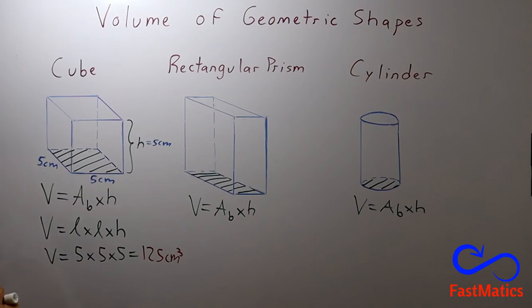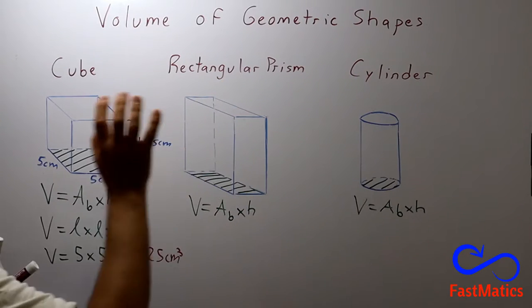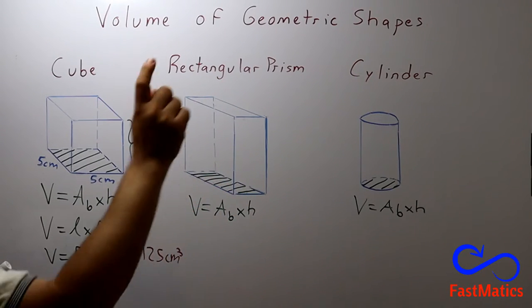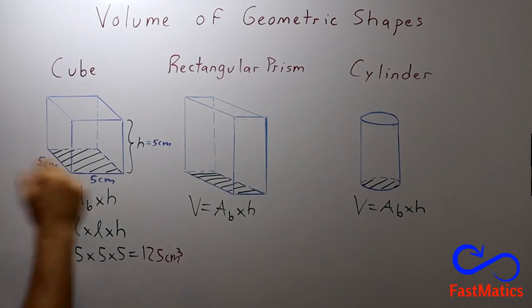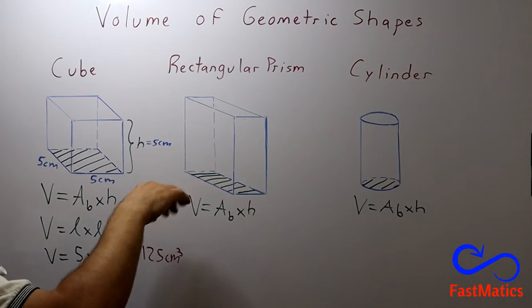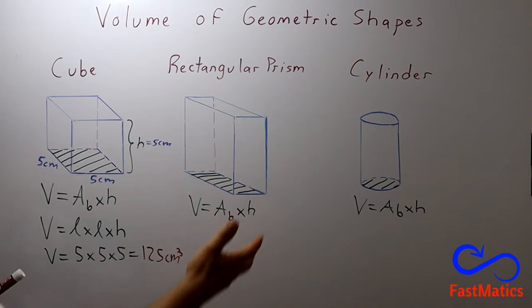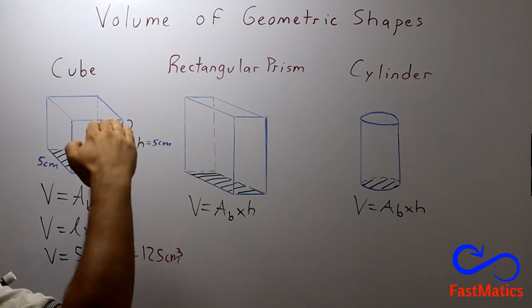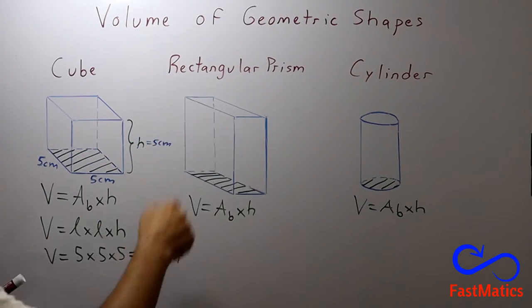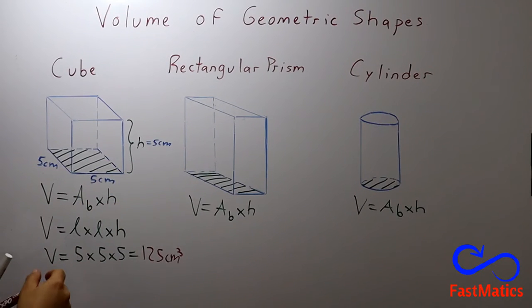Okay? Now, for the rectangular prism, it's the same formula. For the cylinder, the same formula. And if you have a base with a pentagon, it's the same formula. A base with a hexagon, the same formula. If you have the same base and the same cover, the formula is the same.